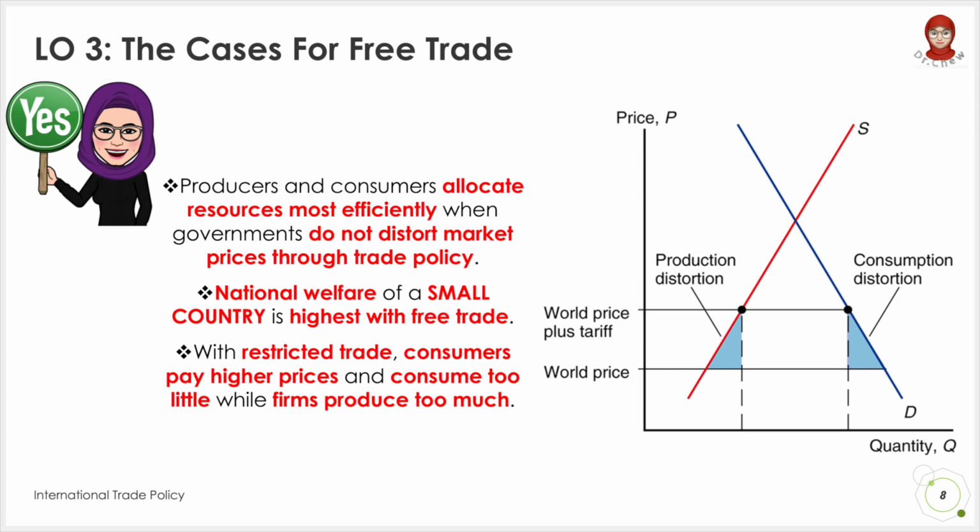Conversely, a move to free trade eliminates this distortion and increases national welfare. Hence, national welfare of small countries is highest with free trade. With restricted trade, consumers have to pay higher prices and consume too little, while firms produce too much. Therefore, it will cause distortion in both demand and supply.